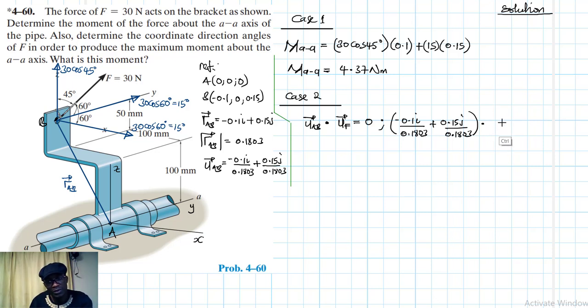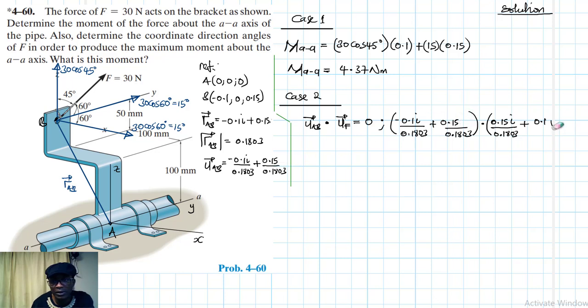therefore we expect the coordinates for UF, if it's perpendicular, will have the same values but in the opposite direction. So in the X, they will exchange. It will be 0.15 I divided by 0.1803, like so, then plus 0.1 K. Sorry, this one here, it is K. Okay, it's a K component.